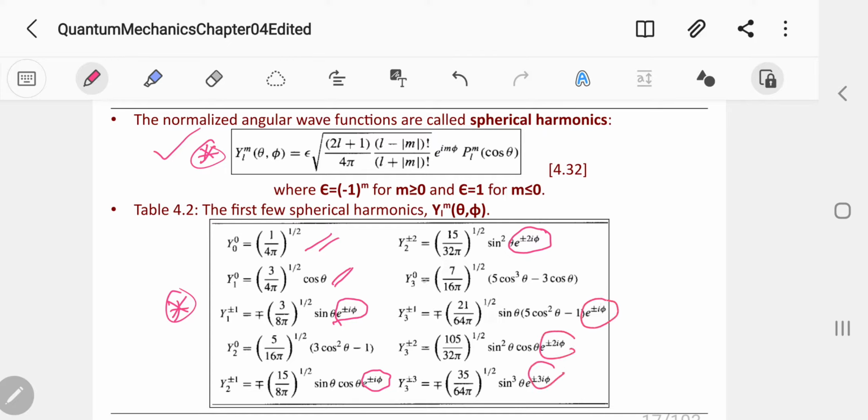When the superscript is 0, it doesn't contain the exponential. If your superscript is not 0, it has an exponential of i phi.